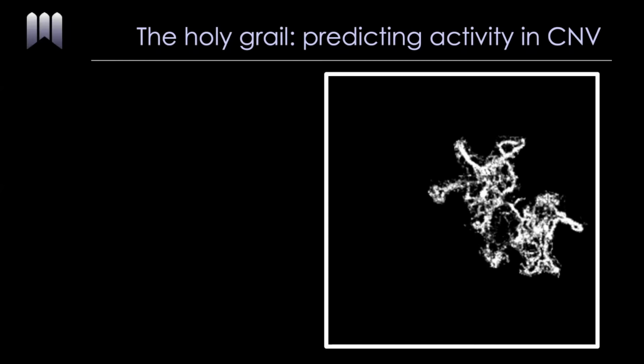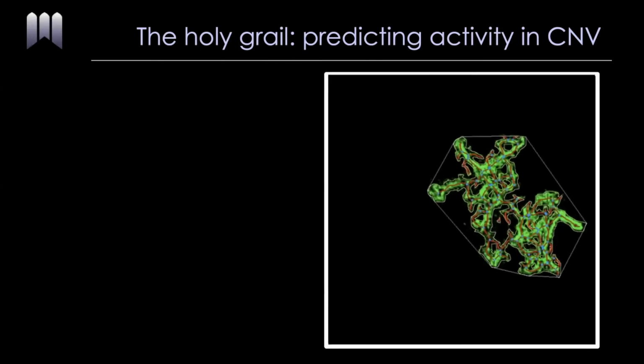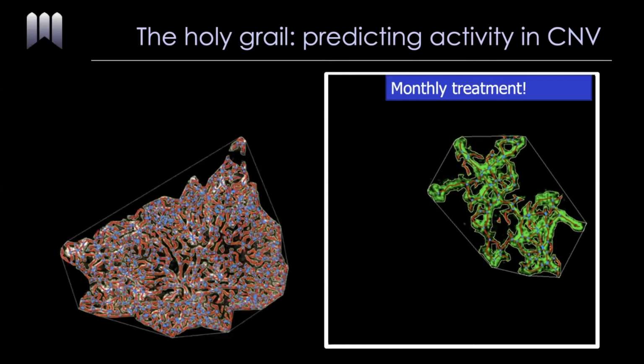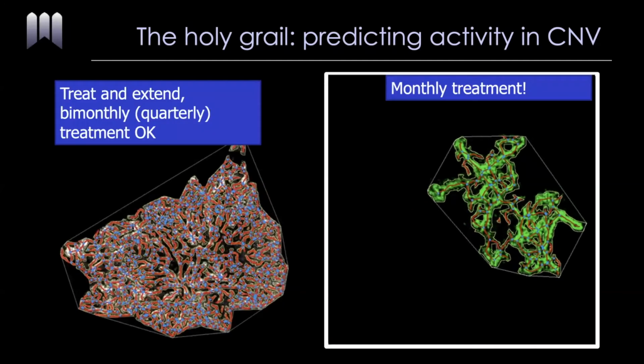For example, for a lesion like this, maybe the parameters from analyzing the lesion complexity would tell us this is an eye that requires very frequent injection, maybe a monthly treatment regimen. And another lesion that looks somewhat like this, maybe the parameters tell us that this is a quarterly extended treatment eye that we can start extending very rapidly. So that's really what we've all been thinking about.